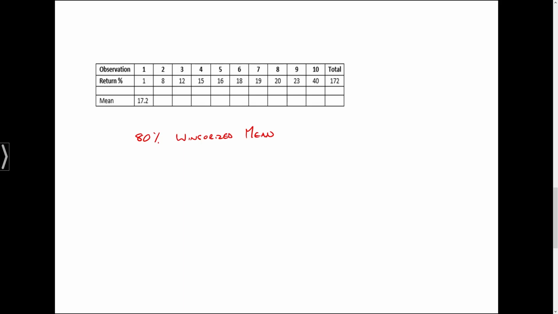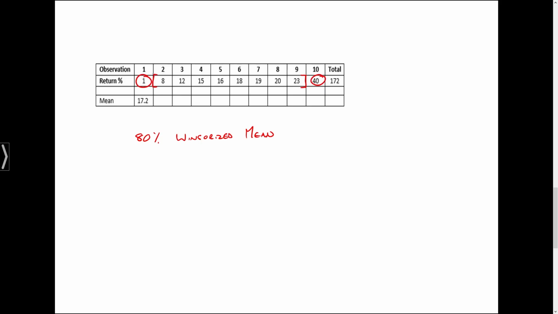Now we've got 10 observations here, so we're going to include all the values, observation 2 all the way up to observation 9. And notice I've ranked my observations from lowest to highest to do this. So those values, that 80% of observations, we're not going to modify. But what I am going to modify is this value here, the lowest 10%, and this value here, the highest 10%.